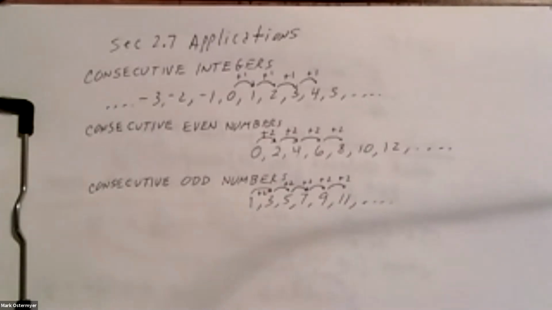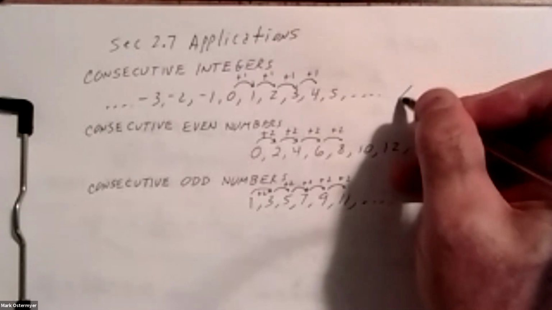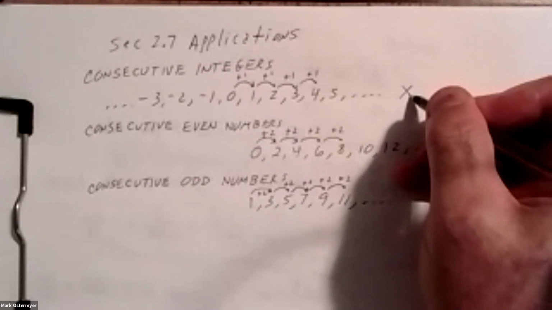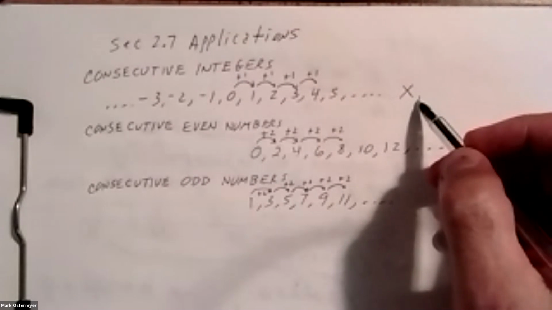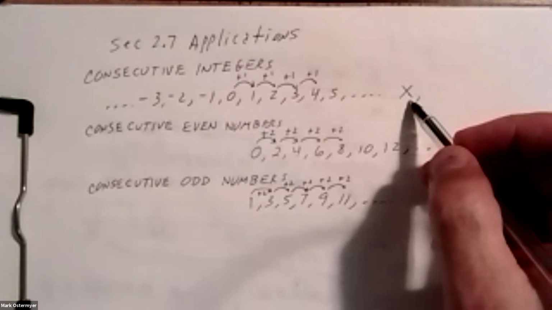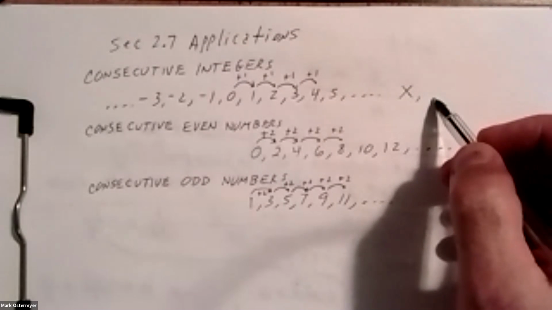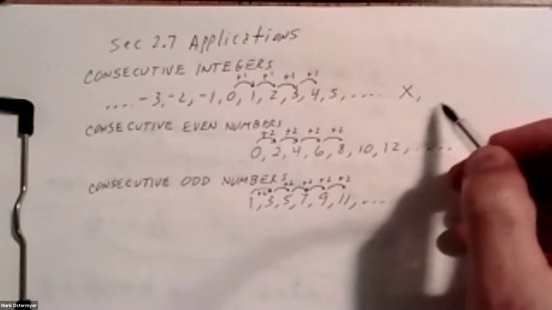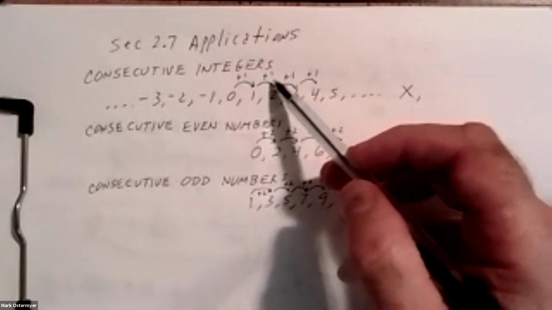So, ladies and gentlemen, in general, if I let x be equal to some integer, what would be a variable expression that would be used to represent the next consecutive integer? Notice you got to keep adding 1 to an integer to go to the next one.